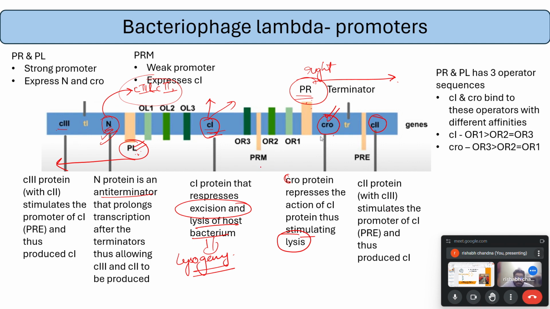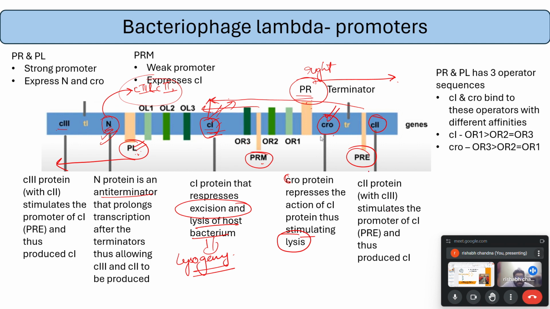Then we have certain weak promoters, that is PRM, and we have PRE. So these two are weak promoters. And both these promoters help in the formation of C1. Okay. So from here till here and from here till here, these two, PRE and PRM, form the C1.